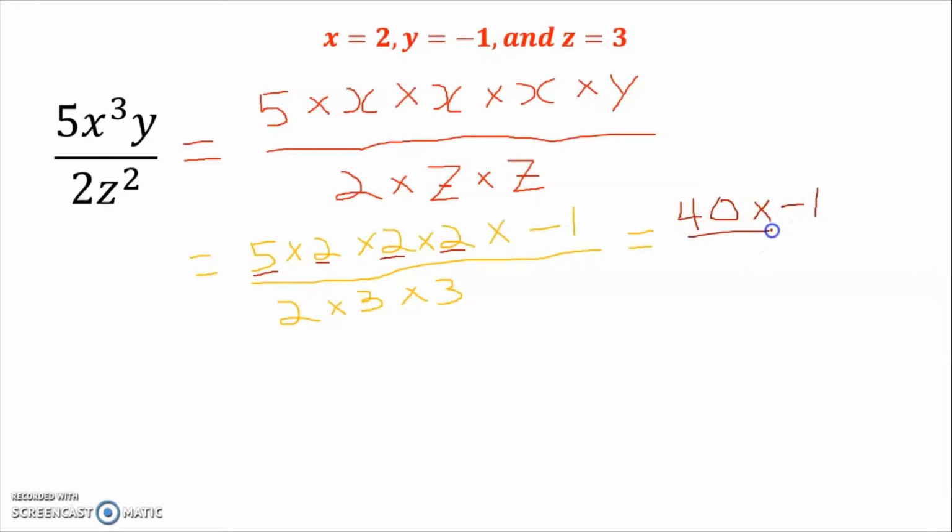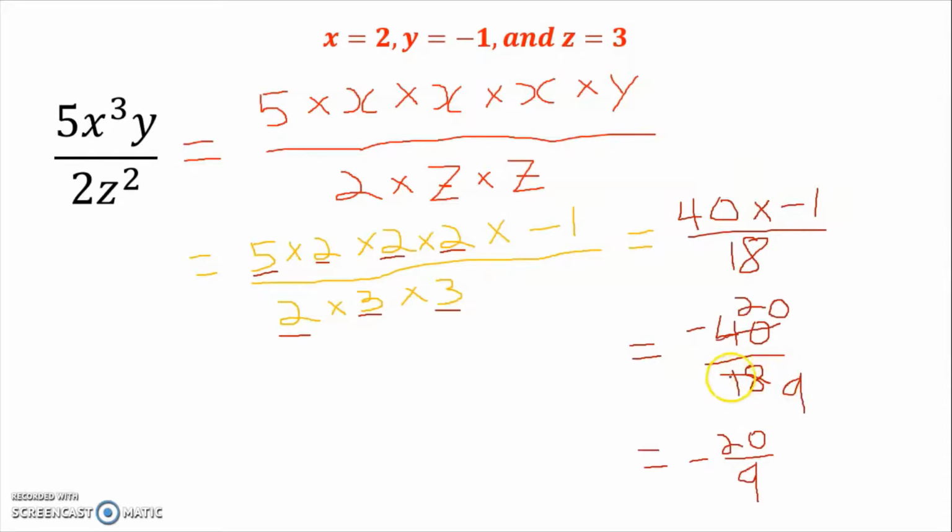Then divide everything by 2 times 3, which is 6, and 6 times 3 equals 18. 40 times -1 equals -40, all divided by +18. We simplify this by saying 2 into 18 is 9, 2 into -40 is -20. So for our answer, we get -20 over 9.